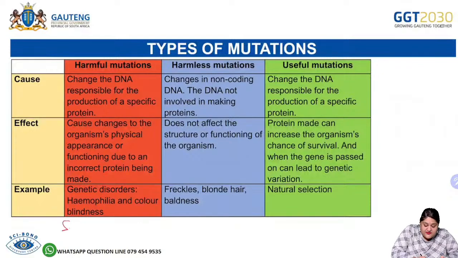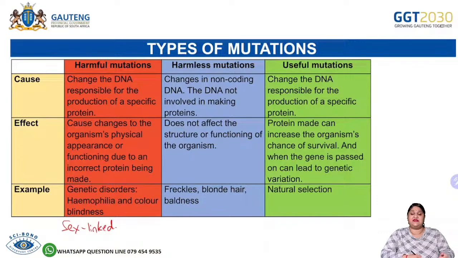Let me remind you that these are sex-linked traits, which means these disorders occur on the gonosomes. So the alleles for these mutations are carried on the X chromosome. The cause is a change in the DNA responsible for the production of a specific protein. The effect is that it causes changes to the organism's physical appearance or functioning due to an incorrect protein being made. And that's how we come to the genetic disorder.